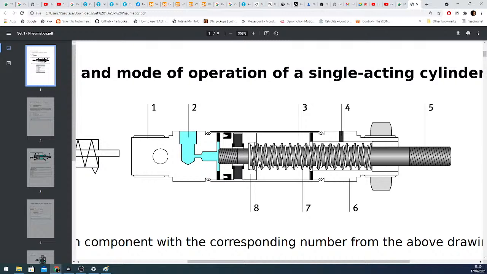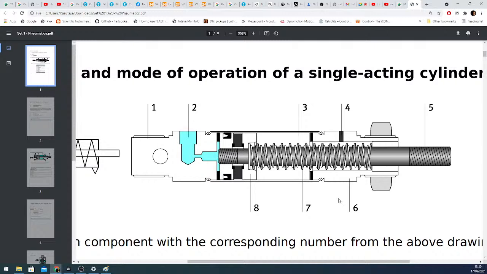That's a spring. Actually, two of them, a larger one and a smaller one, both put together on the piston rod. And if we compare it to the previous cylinder, we don't see a port here. There is a port on this side, but not here.